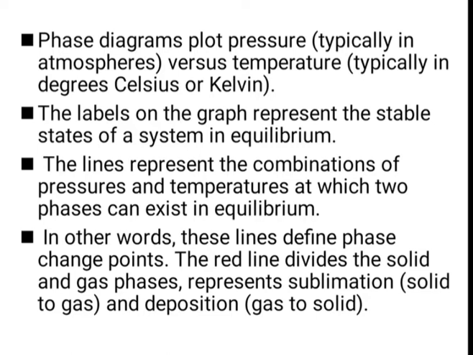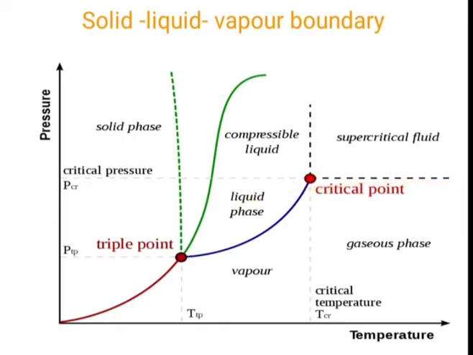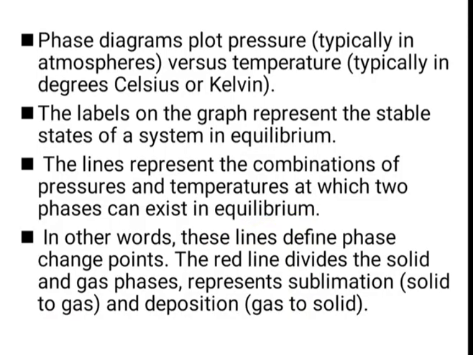Then the lines represent the combination of pressure and temperatures at which two phases can exist in equilibrium. So, this dotted line shows a combination of pressure and temperature at which two phases can exist in equilibrium. In other words, these lines define phase change points.